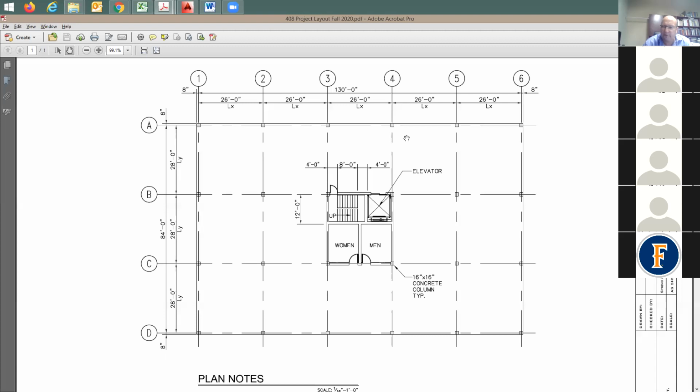I'm going to go through them one by one so you know what we're talking about. The first one shows the plan view, the columns, and the grid lines, 1, 2, 3, 4, 5, 6, and A, B, C, D. This is what you call the grid lines. Give me a second.